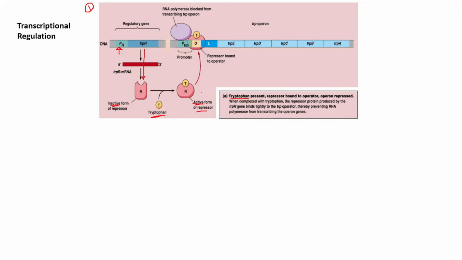This active form of the repressor with tryptophan binds to the operator region of the tryptophan operon. As a result, the RNA polymerase which is sitting in the promoter region is not able to proceed further, and transcription of the structural genes does not happen. So the operon remains switched off. This only happens when tryptophan is present in surplus quantities in the media.